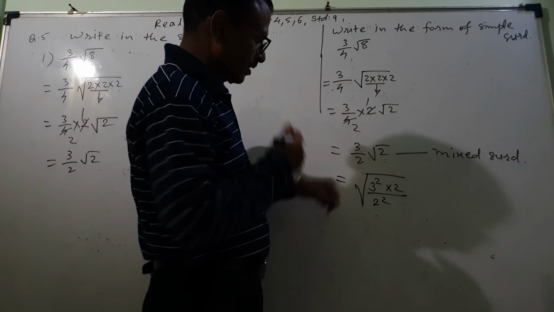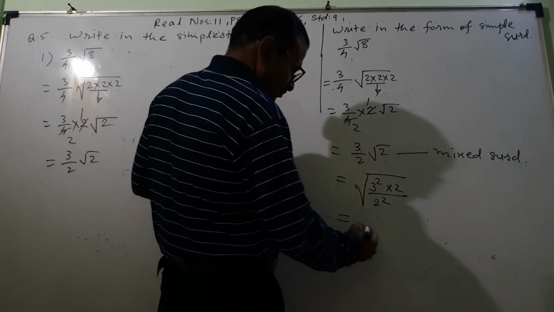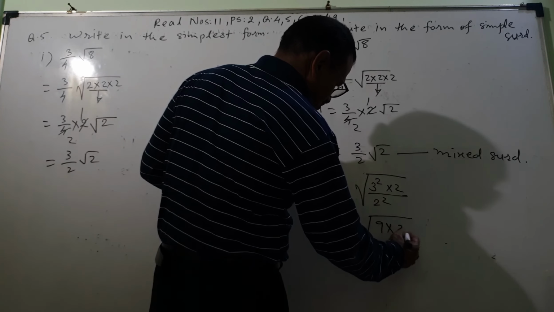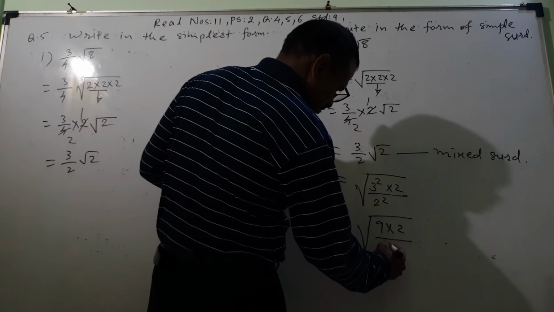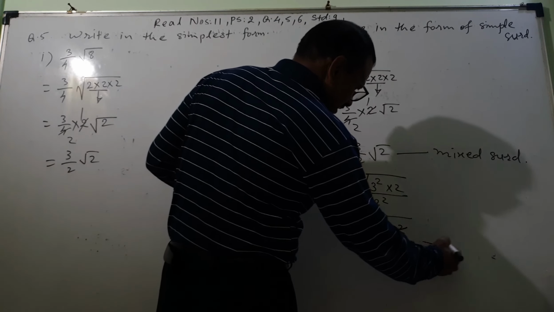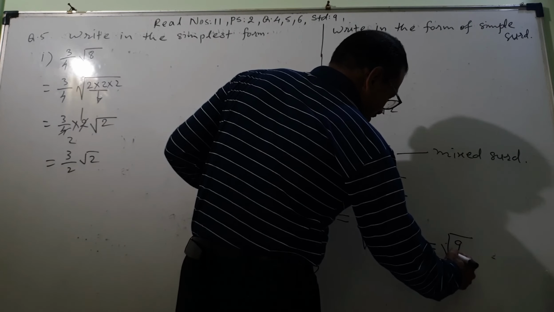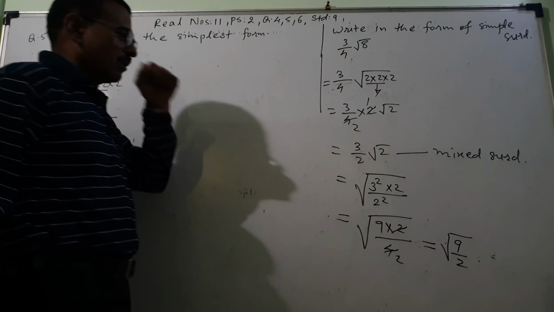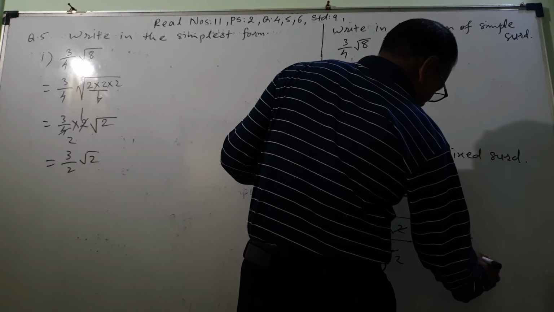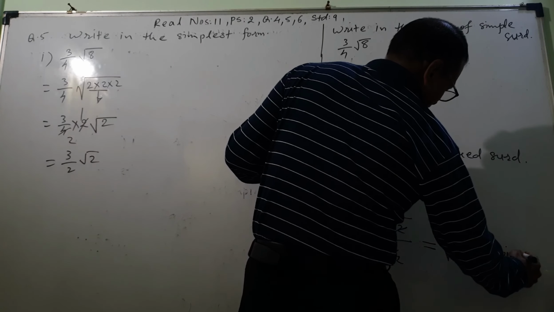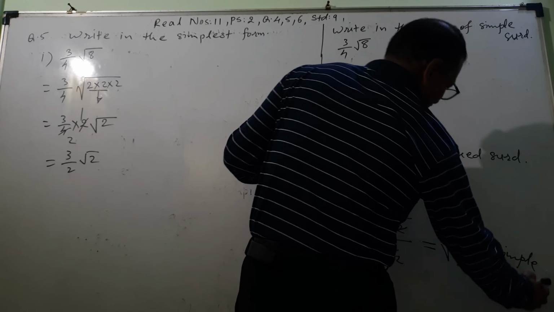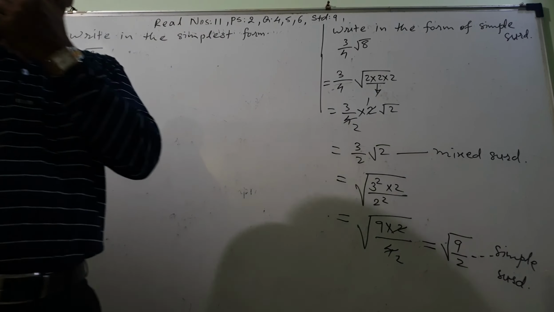So that is equal to 9 into 2 upon 2 raised to 2, means 4. 2 1 the 2 2s are. And that is equal to 9 upon 2. This is the simple surd, because everything is inside.